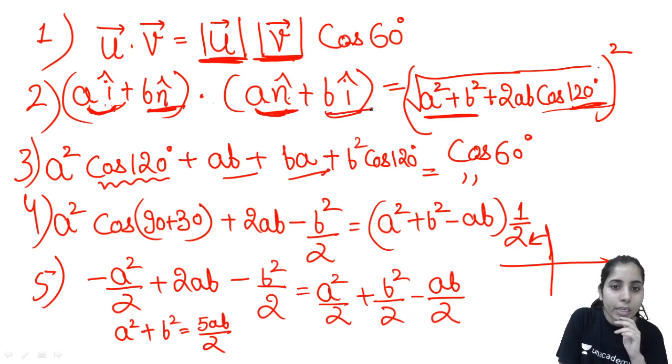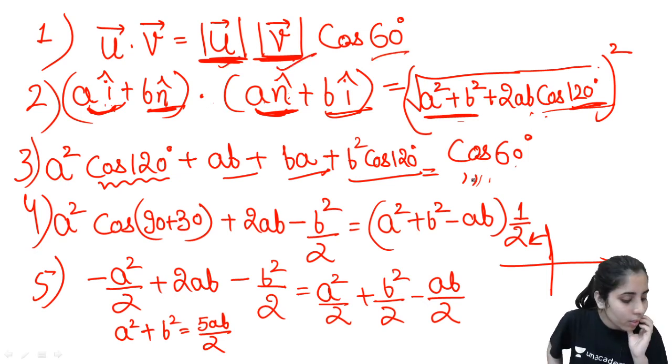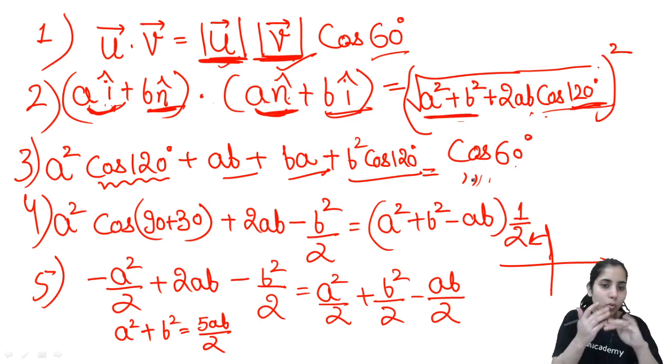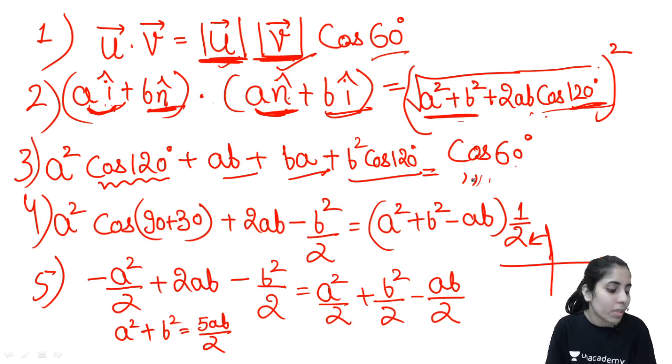Bn, bi, you will get b square cos 120 degrees. And that's the same thing you need to write here, the same expression for the u magnitude, v magnitude, cos 60. Is this clear, Devajani? And just proceed further by doing some simplification steps. Very good, Radha. Is this clear, guys?